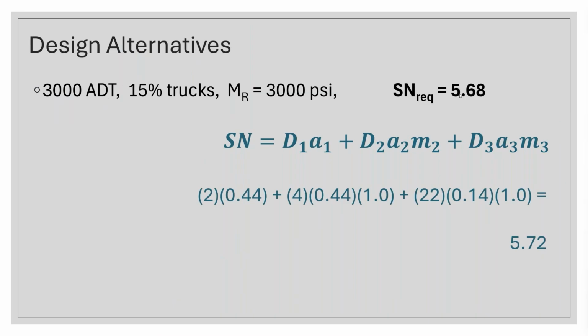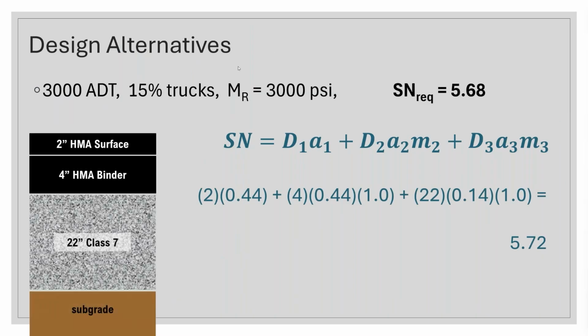So let's try this again. What if I do 2 inches of surface and I put more asphalt? So let's do an intermediate binder type course of 4 inches and increase my class 7 crushed stone base to 22 inches. Then what do I have? Okay. Well, 2 inches, 0.44, another 4 inches, 0.44. This layer will have a drainage coefficient. I gave it a 1.0.